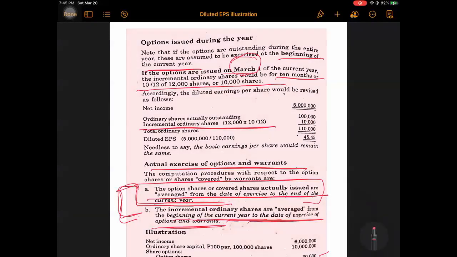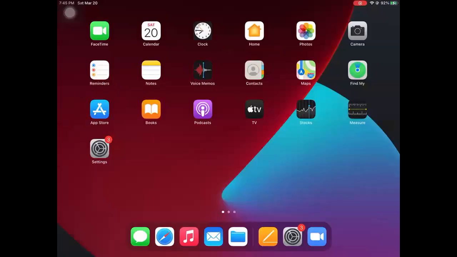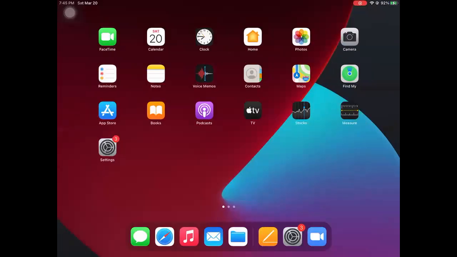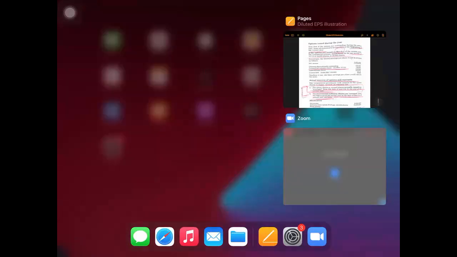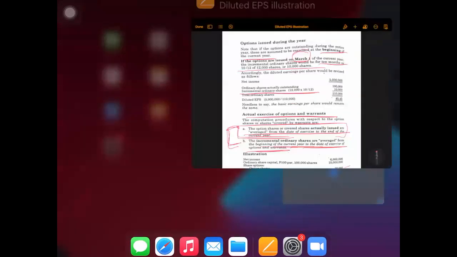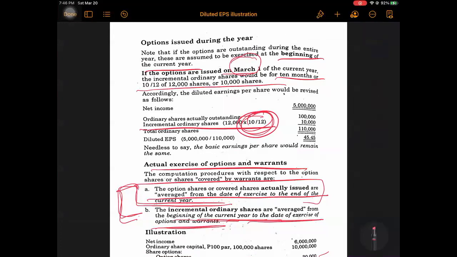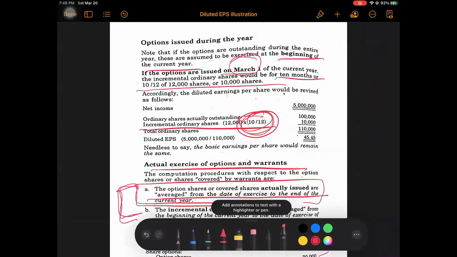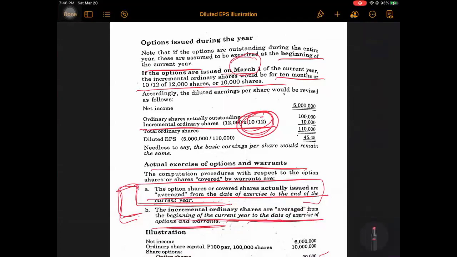Okay, so you start from the issuance date if it was issued during the year. Same example: if issued in March, you start computing the incremental shares, prorated at 10/12. Okay, I hope that's clear. So how about the others? Do you have questions?